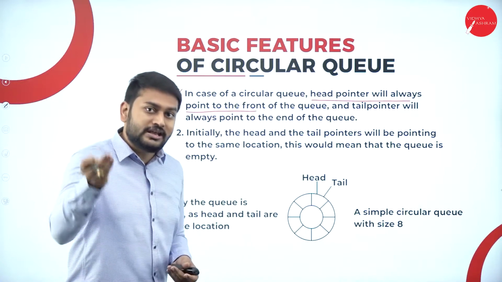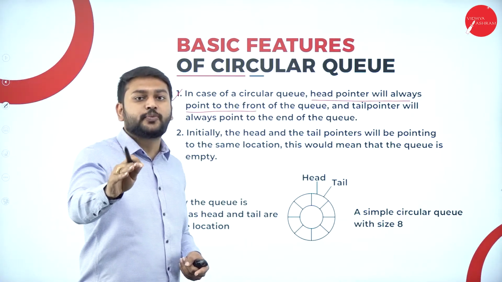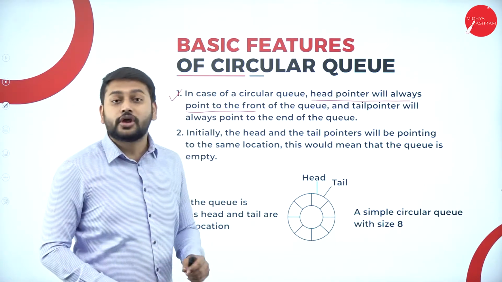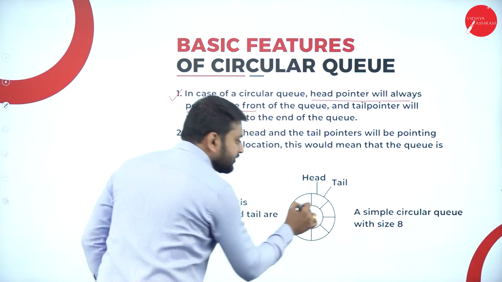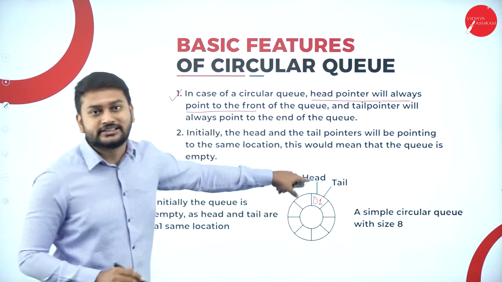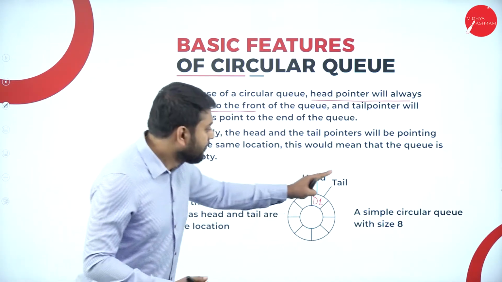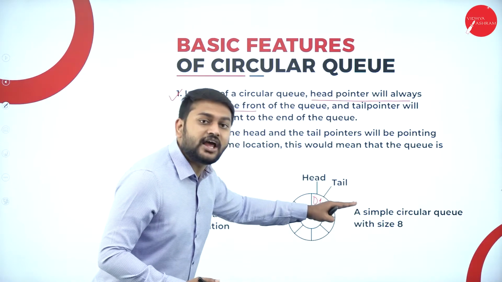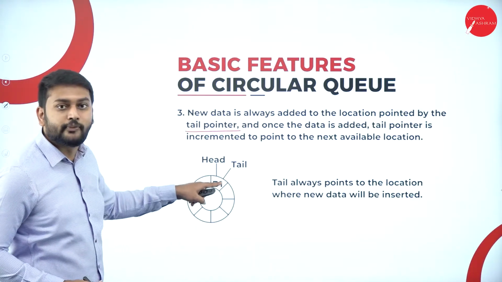To the location where my tail pointer is pointing, I should add the data. Say, for example, my tail is at this location, I will add my data D1. After I insert the data into this location, what happens? My tail pointer will move to the next available location. That is what the point says.